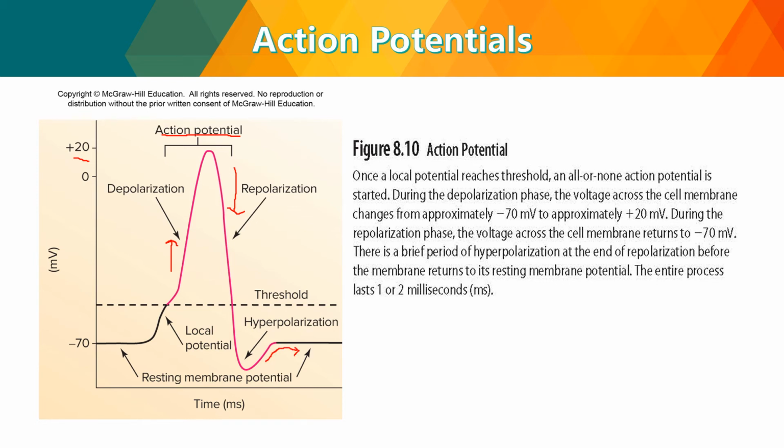Okay? So this full action potential for your nervous system would occur around 1 or 2 milliseconds. So ganun siya kabilis. Okay, imagine how fast your voltage-gated channels open and close and the influx of your ions happens. So ganun kabilis ang process ng action potential when it comes to your nervous system.